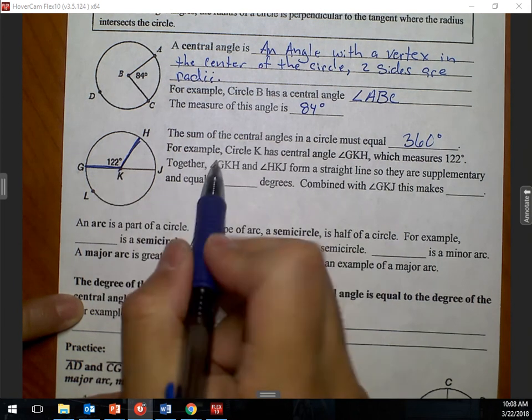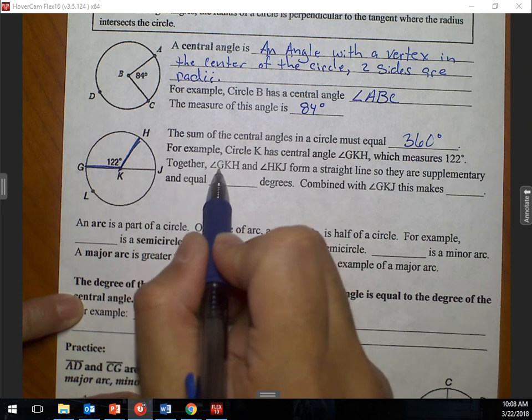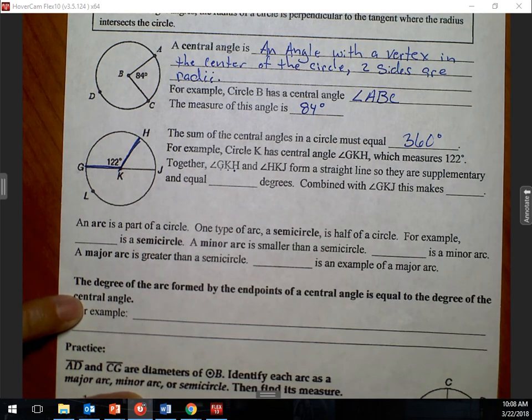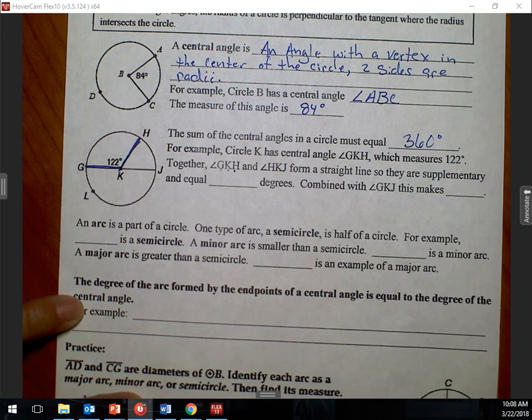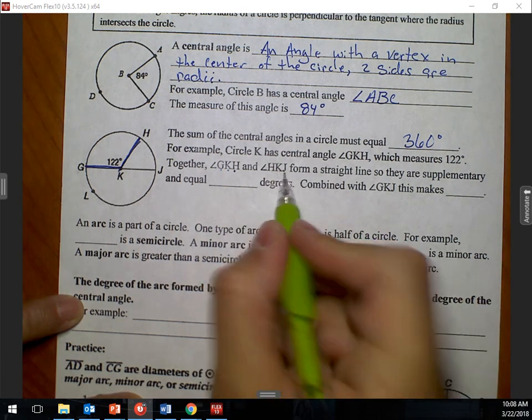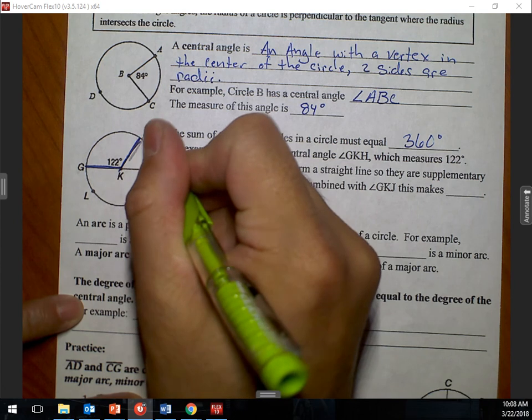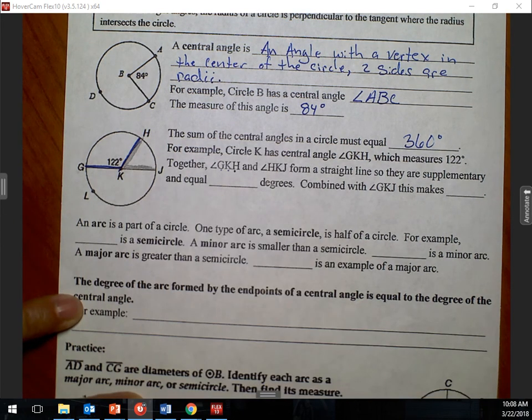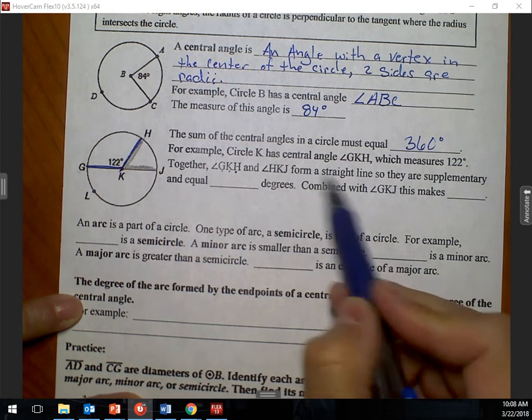Okay. Together, GKH and the other side, which is HKJ, I don't have my red pen today, so I've got to go with pencil on this one. Right there, they form a straight line.